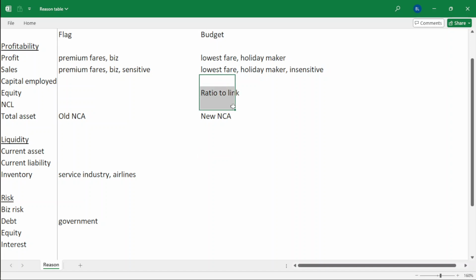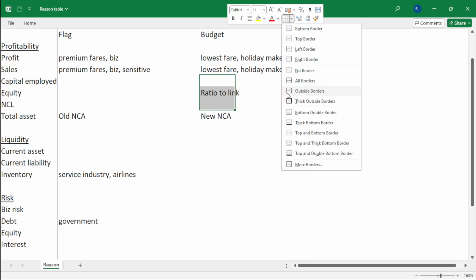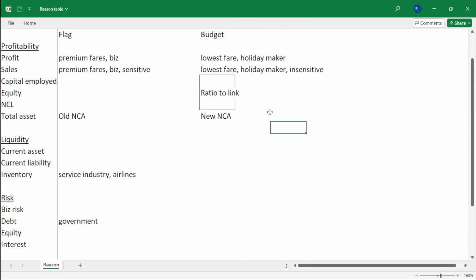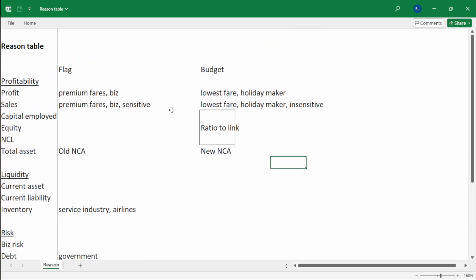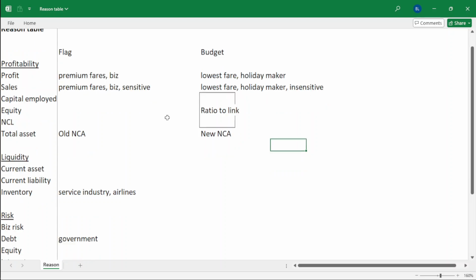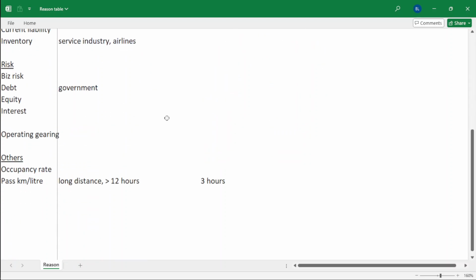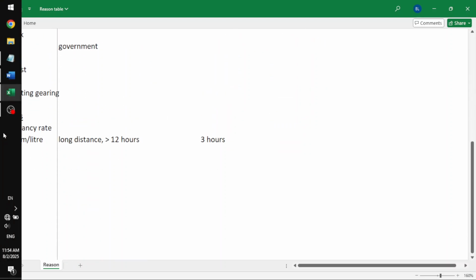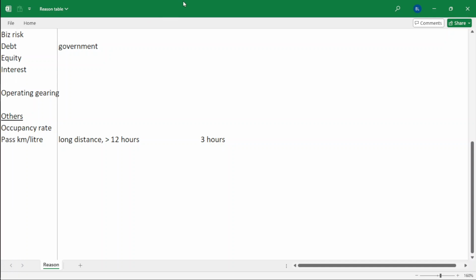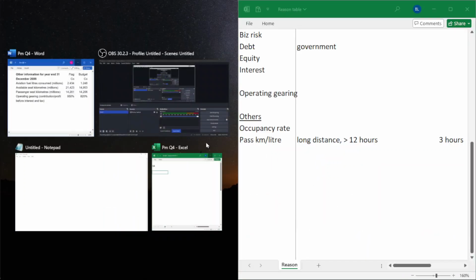If you see something blank like this one, you can use ratio to link. Okay, so let me attempt the question. Now we can attempt the question.